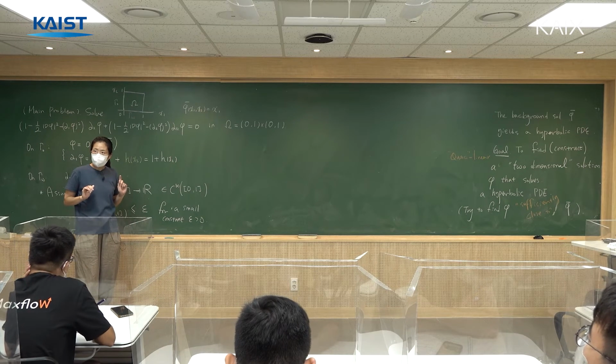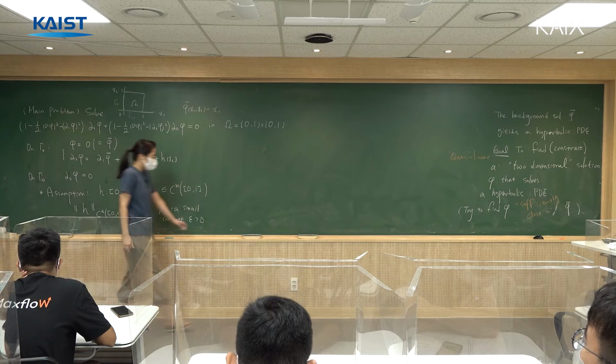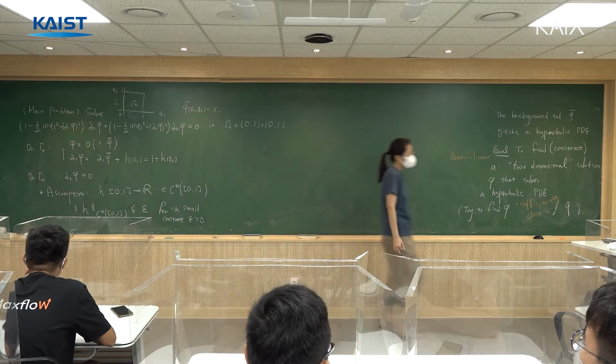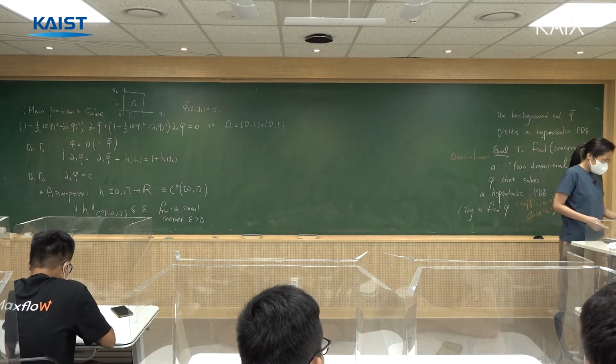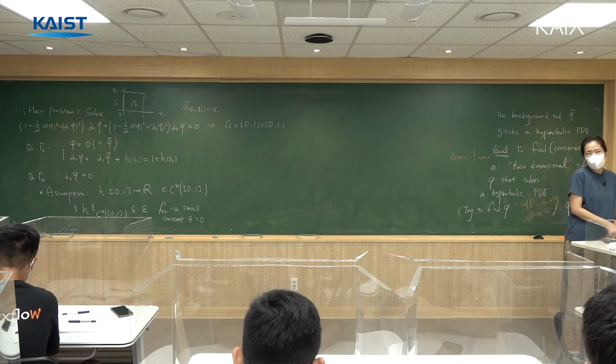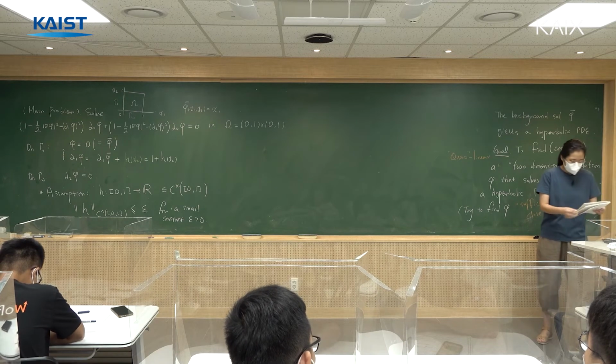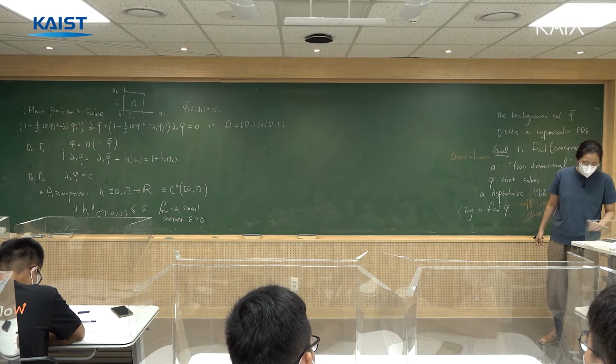Do you agree? Okay. So how do we solve this one? That is our main question. And this is where the fixed point theorem comes in. All right. So how do we do that?